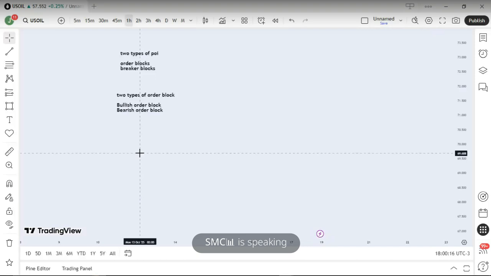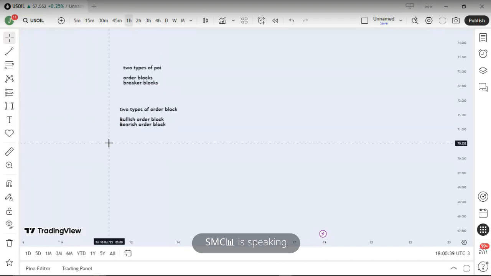The same thing applies to a breaker block. We also have two types of breaker blocks. We have the bearish and the bullish breaker block. The bullish breaker block is said to be a failed bearish order block.